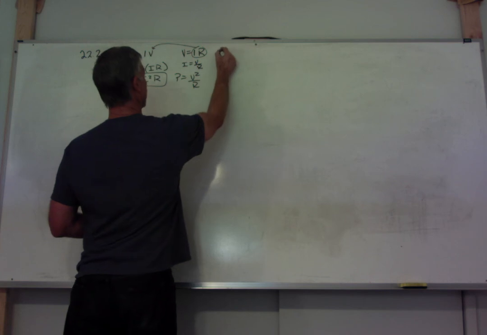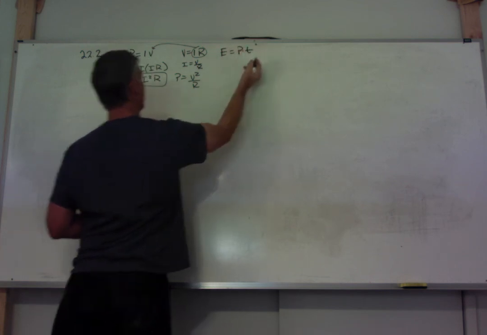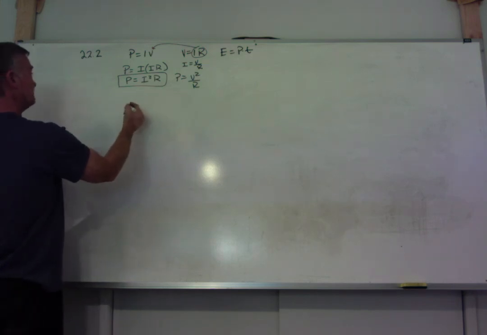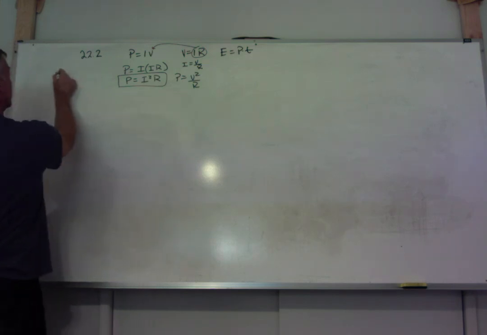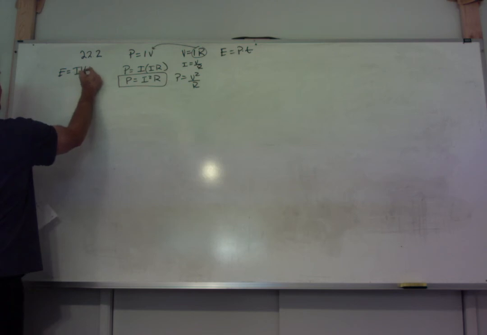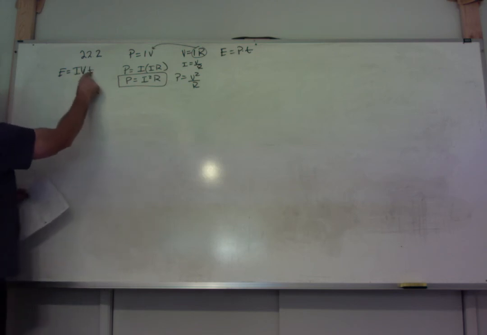Now, there's one other equation, and that is that energy is power times time. That means energy can be thought of as IVT, where T stands for time. I know for those of you in calculus, that looks like intermediate value theorem, but that's current times voltage times time.